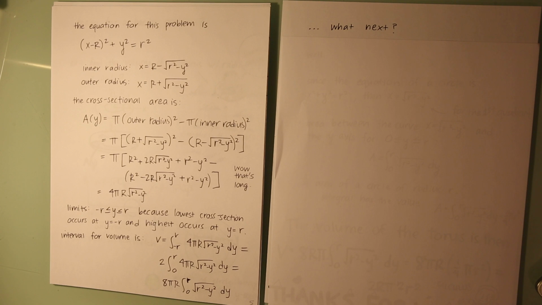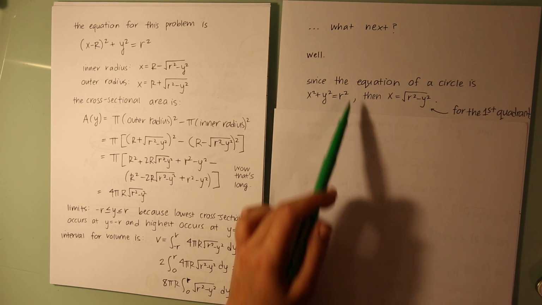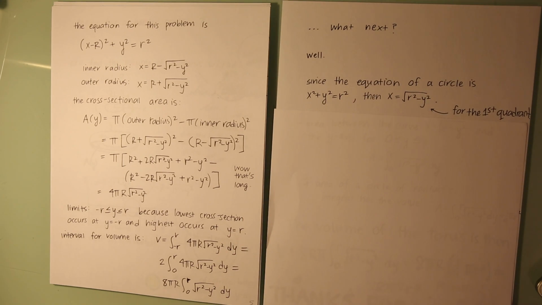Let's suppose we wanted to use an integral to determine the area under the portion of the circle of radius r and centered at the origin that is in the first quadrant. We know that the equation of the circle is x squared plus y squared equals r squared, and that if we solve for x, the equation of the circle in that first quadrant is x equals root r squared minus y squared.